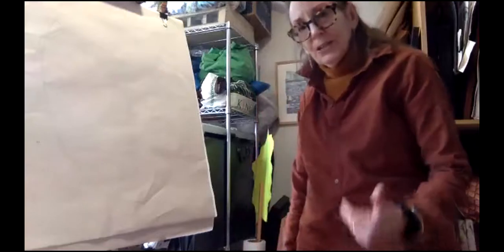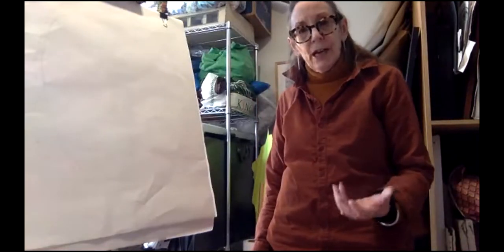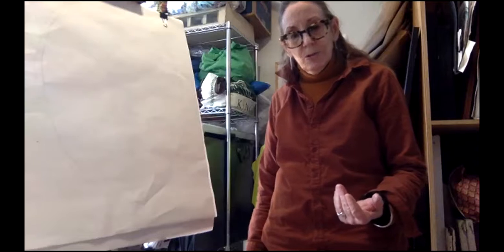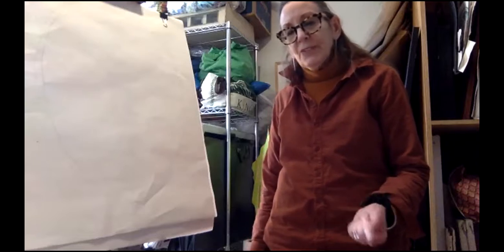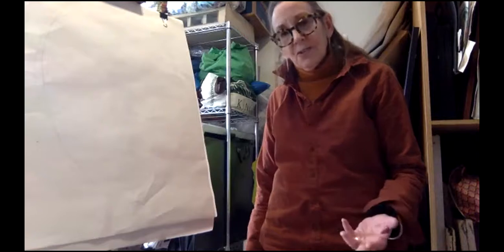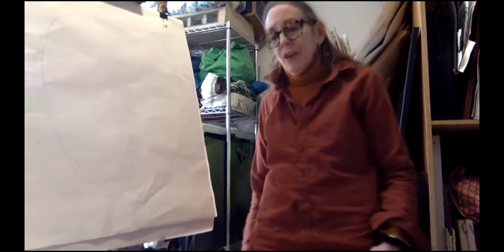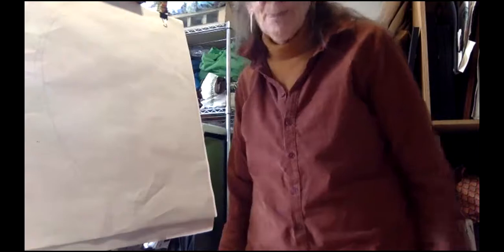One, to make it easier for you to see, but two, the larger you draw, the more room for error you have. So even if your style is to draw small, it's easier to draw large. So you might want to take a risk today and try drawing big.